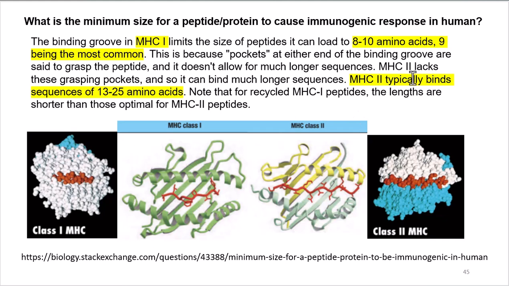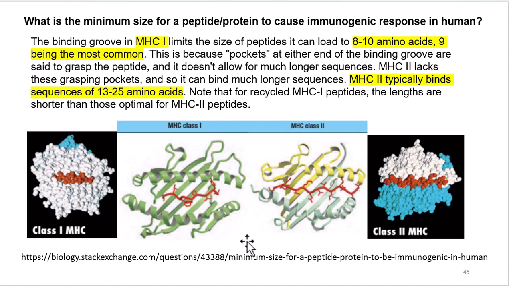The MHC2, if you can remember, was made up of two different molecules. See, one is blue here, one is white, and here's the red antigenic peptide. And so it can actually accommodate peptides of 13 to 25 amino acids. These are much longer, and I'll give you a foreshadowing here.